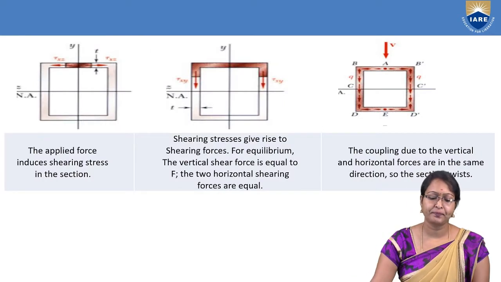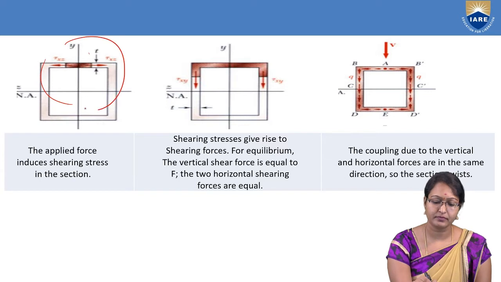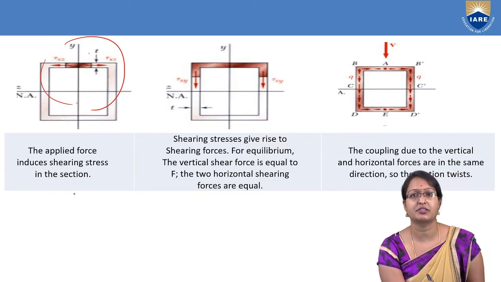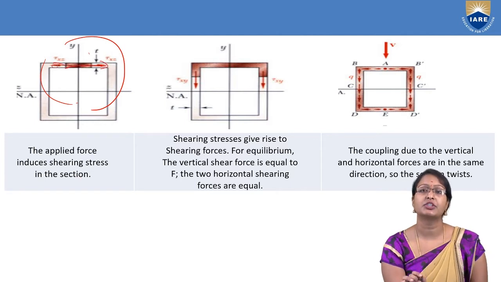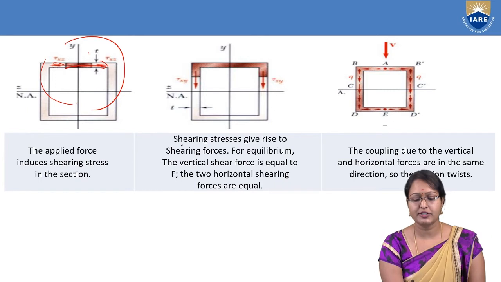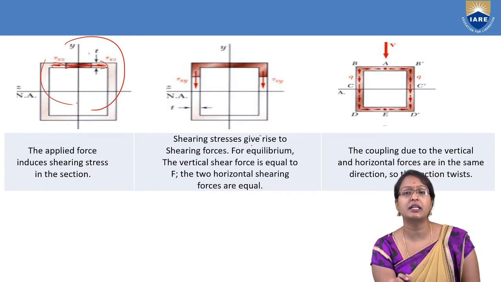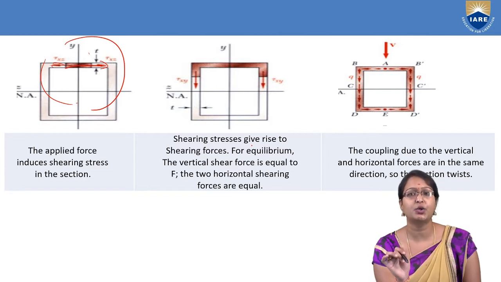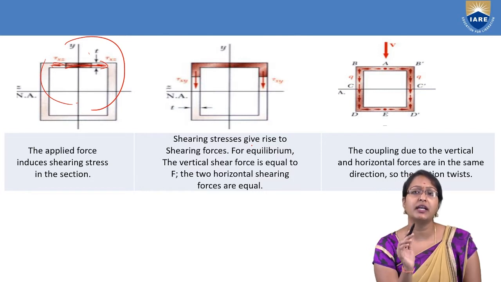Look at the figure here. The applied force induces shear stress in the section, and shearing stress gives rise to shearing force. For equilibrium, the vertical shear force is equal to F, and the two horizontal shearing forces are equal.